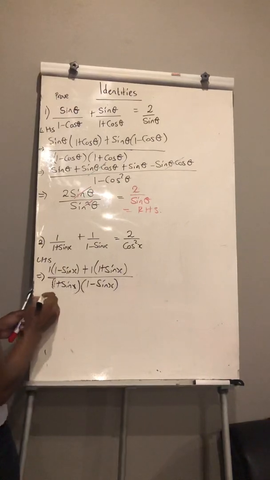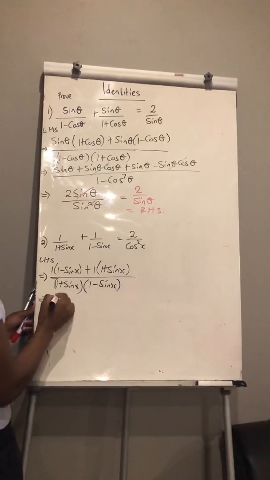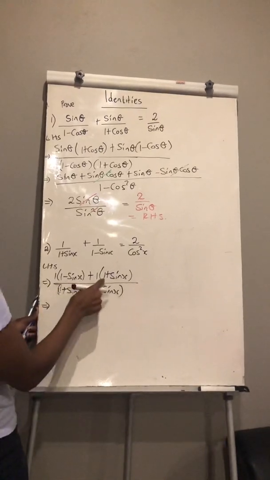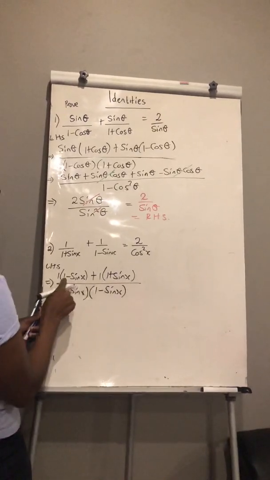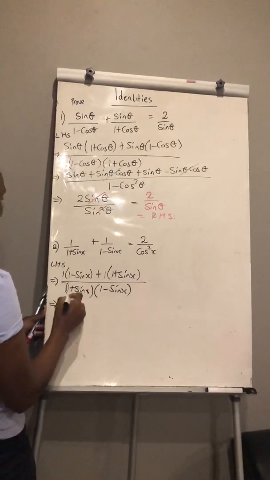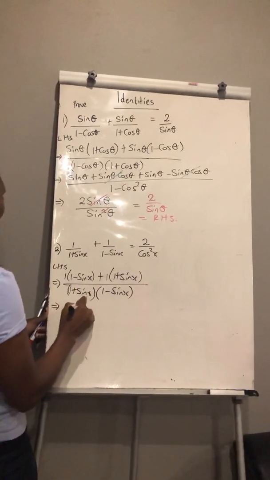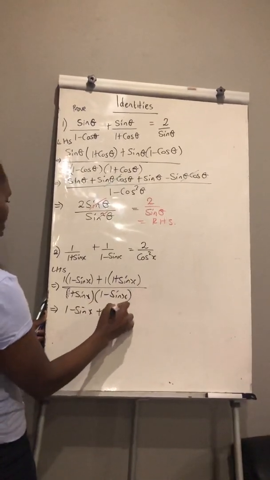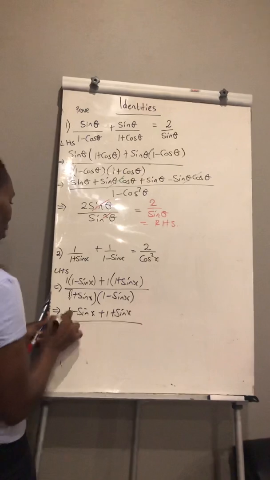Alright, so now I'm going to expand. As you can see, this will still be 1 minus sine x plus 1 plus sine x. So 1 plus 1 is going to be equal to 2 over there. Maybe I should put this step where I just do this, because some of you may get lost in the process.